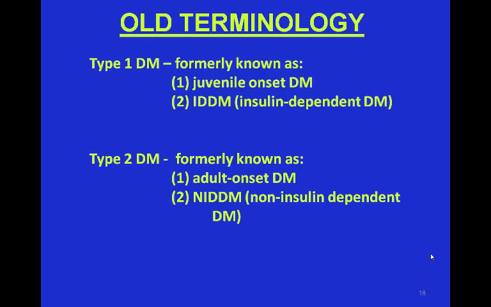In fact, most of the type 2 individuals being diagnosed today are actually children and adolescents. This is something that you almost never saw back 40 and 50 years ago. And then again, non-insulin dependent diabetes describes some of the type 2 individuals, but certainly not all. So the best terms to use are type 1 and type 2.